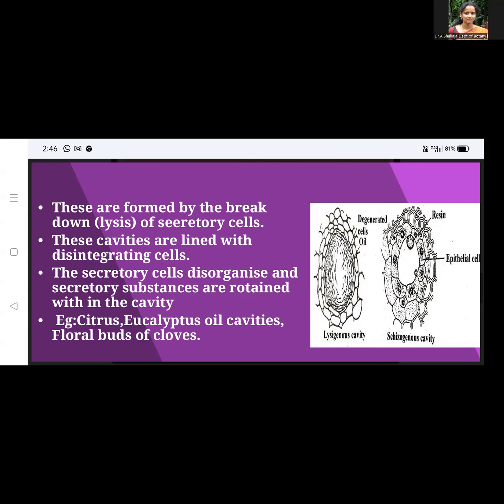Lysogenous cavities are commonly encountered in the families Myrtaceae and Rutaceae. Examples include citrus oil glands and the floral buds of cloves.